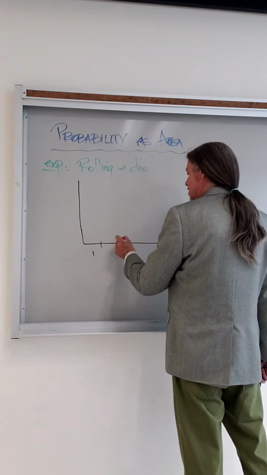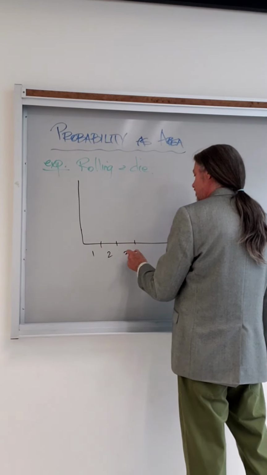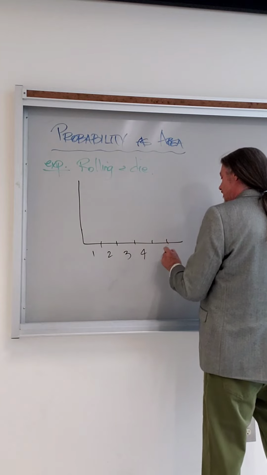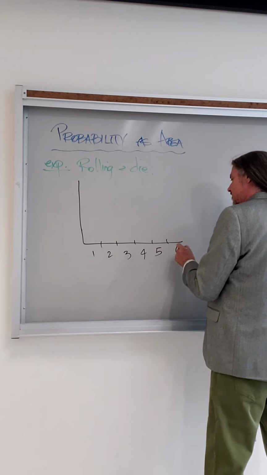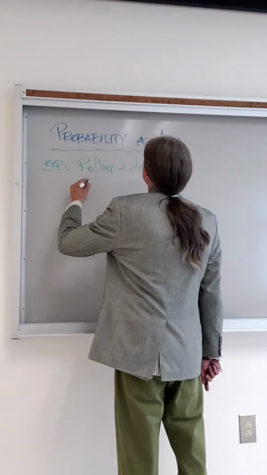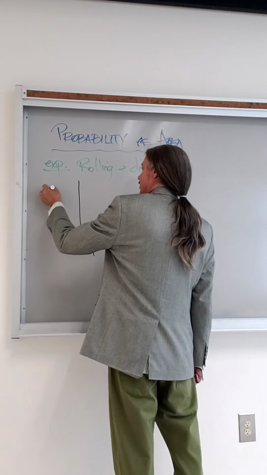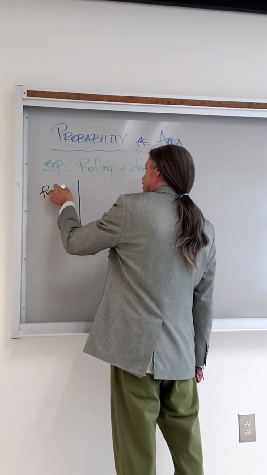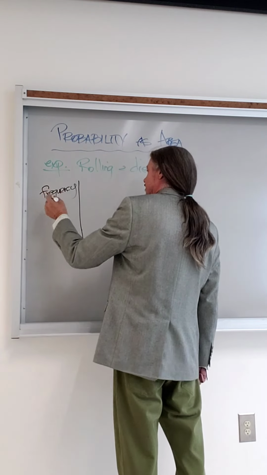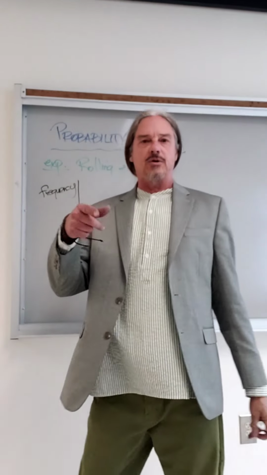Let's say rolling a 1, rolling a 2, rolling a 3, rolling a 4, rolling a 5, and then rolling a 6. And let's just say that this was the frequency of each of those things happening. Let's say we roll the die over and over and over multiple times, maybe even 200 times.